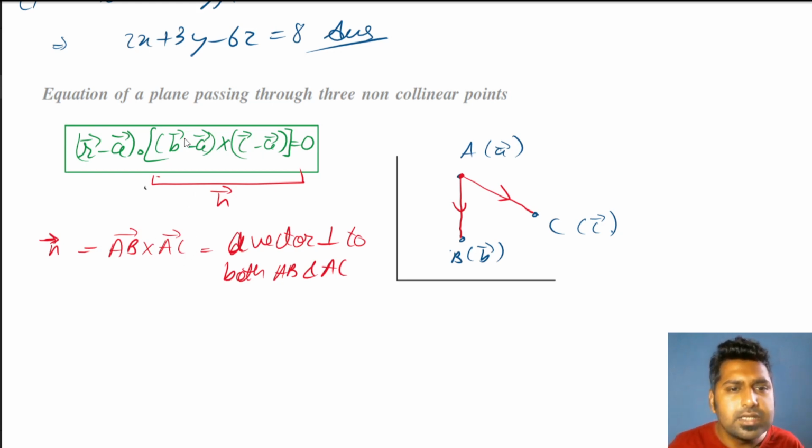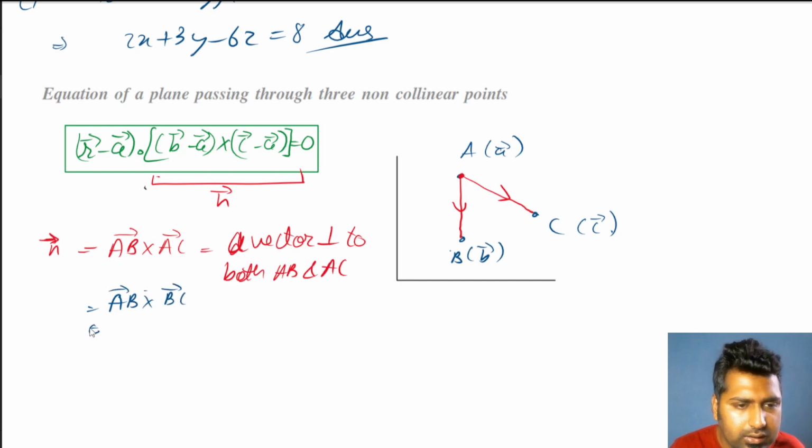All you have to do is get any two vectors, AB, AC, BC, anything. In this form they have taken AB and AC, but it's not a condition. Literally, you can get the same vector from AB cross BC also.